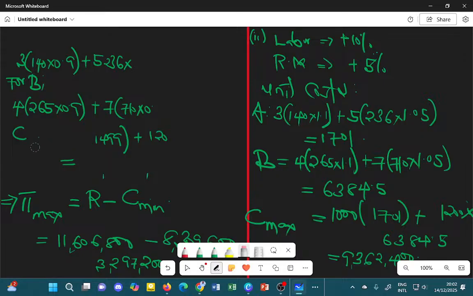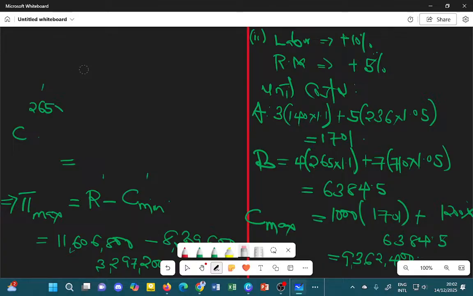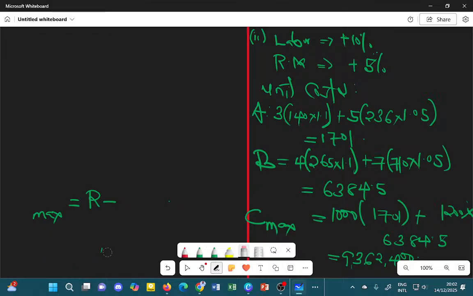So let's just see. I'll rub this so that I don't have to create another page. We are almost done.